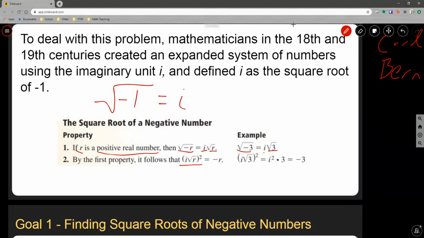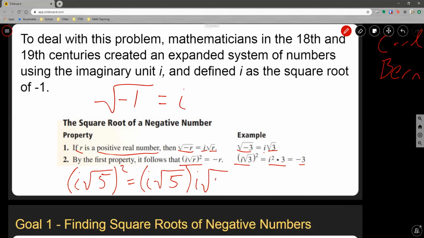So I'm going to write this out. We've got an example over here, but I want to be very clear with it. If I've got i times the square root of 5, and I square it, that's just the same as saying i times the square root of 5 times i times the square root of 5. When we multiply roots together, you always multiply the outside portion, the part that's not inside the root, together.